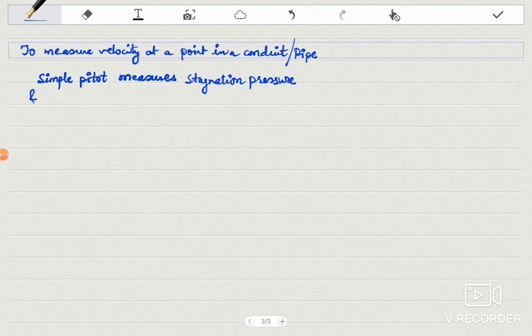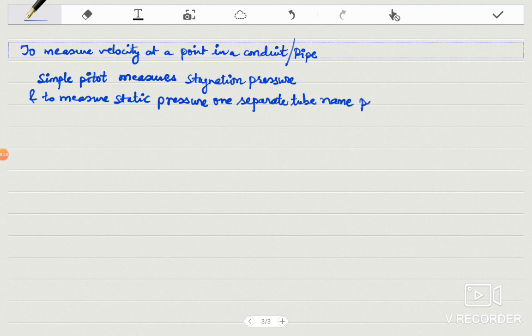And to measure static pressure, one separate tube is used, which is called a piezometer.